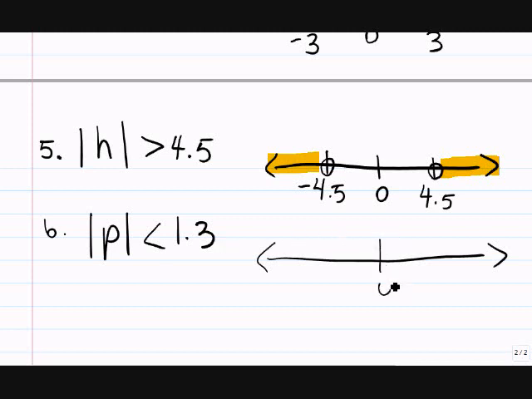The 1.3 needs to go on the graph. What's the other number that needs to go on the graph? -1.3. Okay. Closed circles or open circles? Insides or outsides? This one is pointing the other direction. This one is a less than. So the less thans are inside.